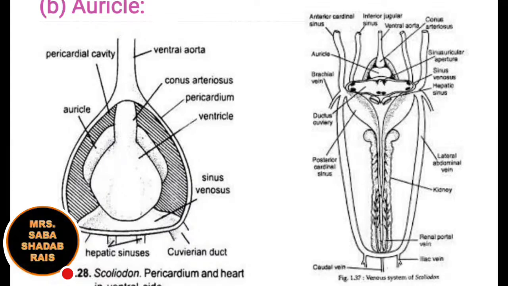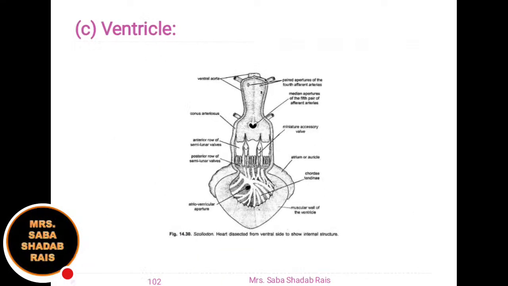So first we have learned that the sinus venosus is the first chamber which receives the blood from the entire body through the ductus cuvieri and the hepatic sinus. And after that it drains its blood into the auricle. Now from the auricle, where is the blood going? Now the blood will go to the ventricle.